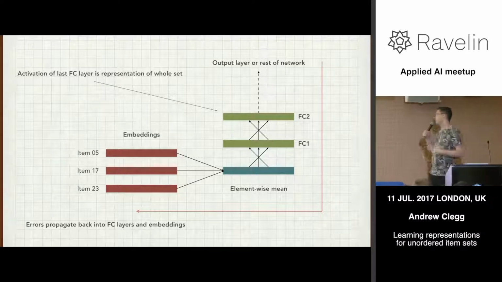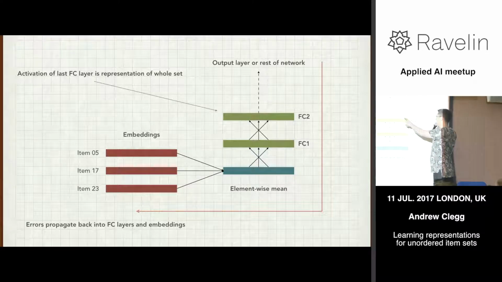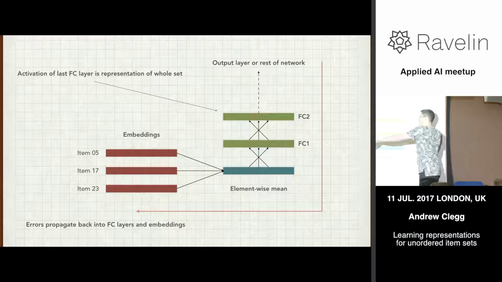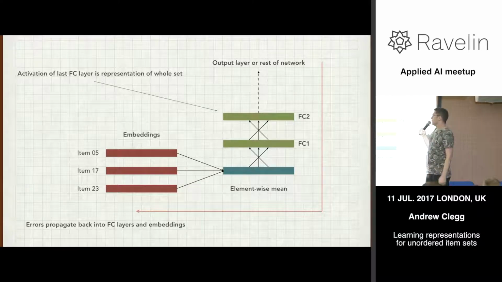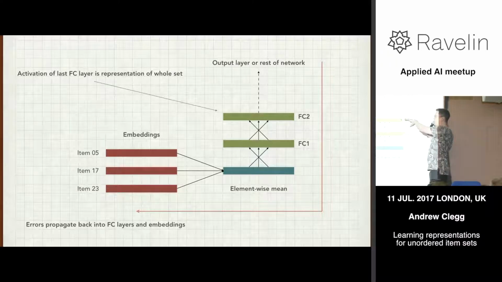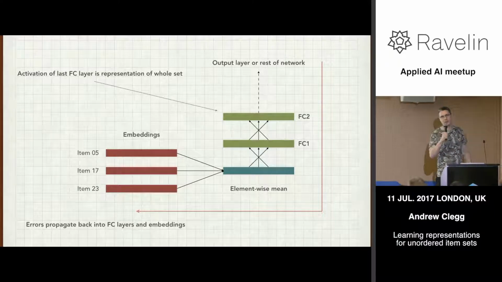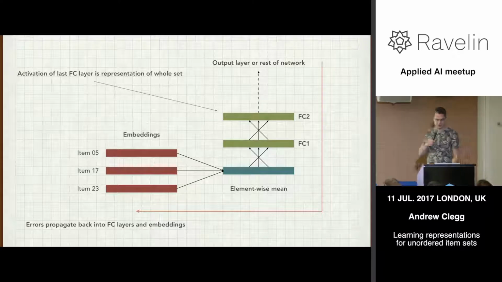So as you're training it, you're updating not just the weights on the fully connected layers, but the embeddings themselves as well. And if you want to reuse these embeddings for a bag or set, separately from the context in which they're trained, it's the weights on the final fully connected layer that you would take off and export and load into another model.